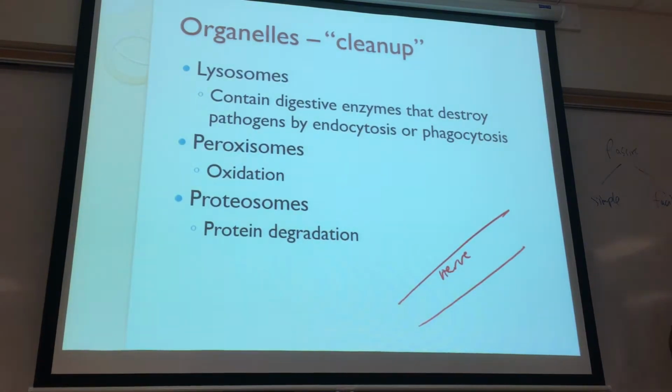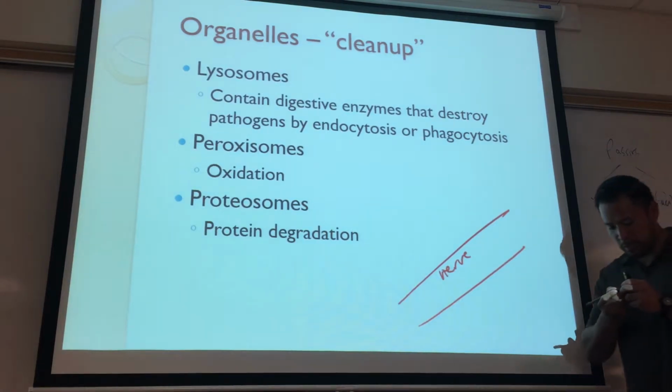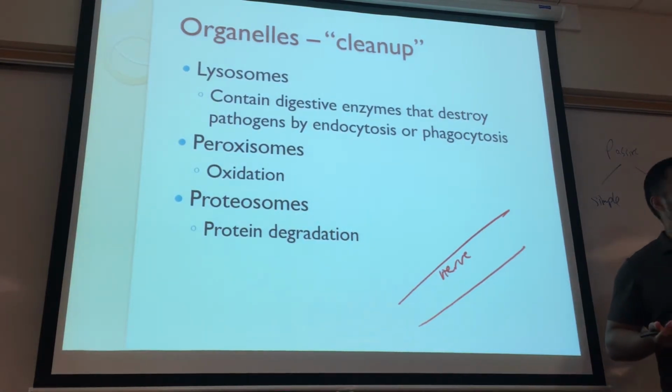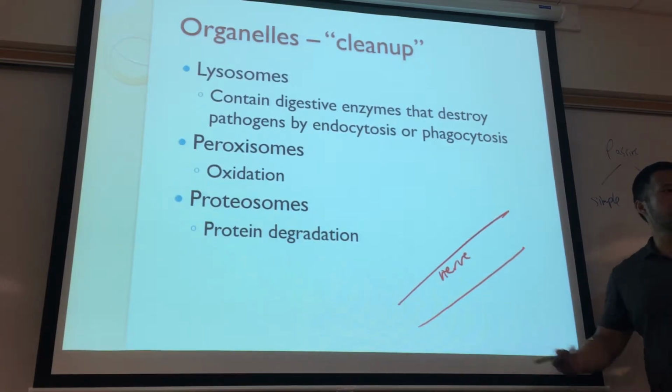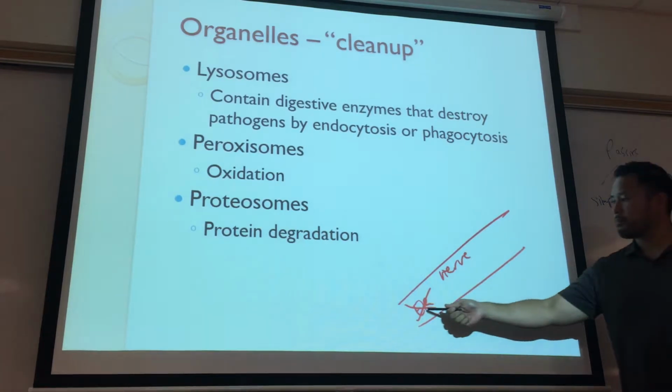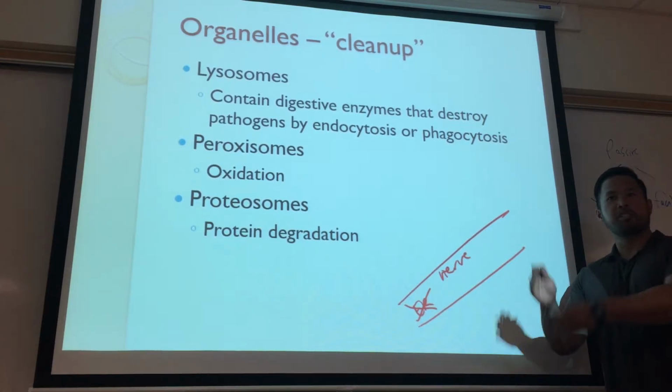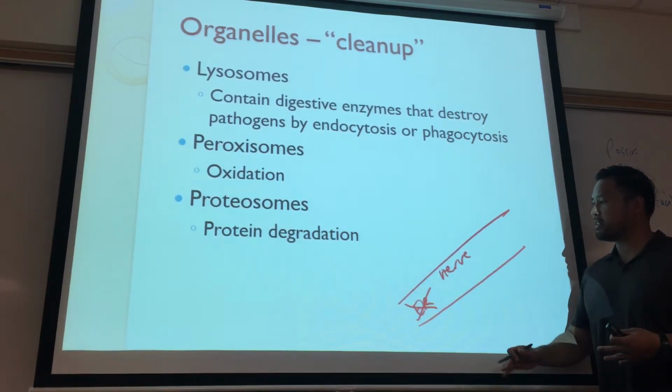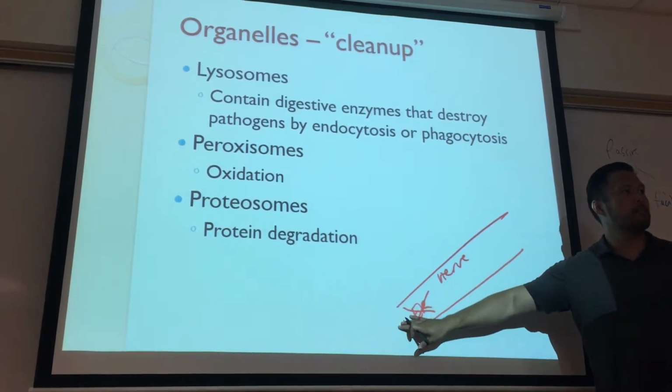Maybe you get ribosomes, endoplasmic reticulum, or Golgi apparatuses that no longer work. If they don't work anymore, let's come into the cell and destroy them. So if you have an endoplasmic reticulum, destroy it, chop the protein that makes it up into amino acids, and reuse it for the cell.